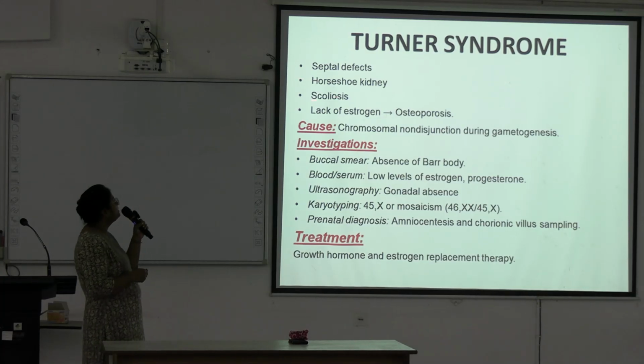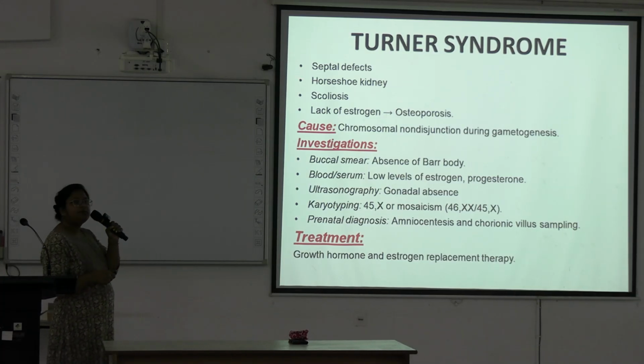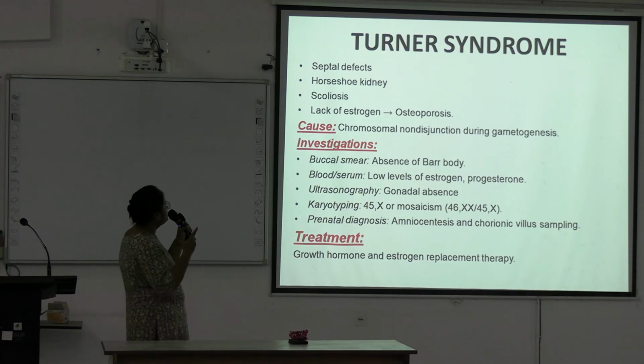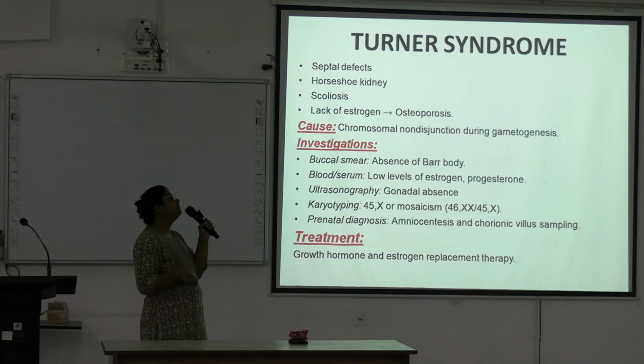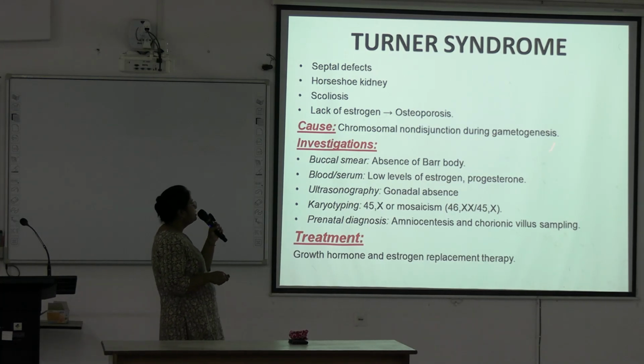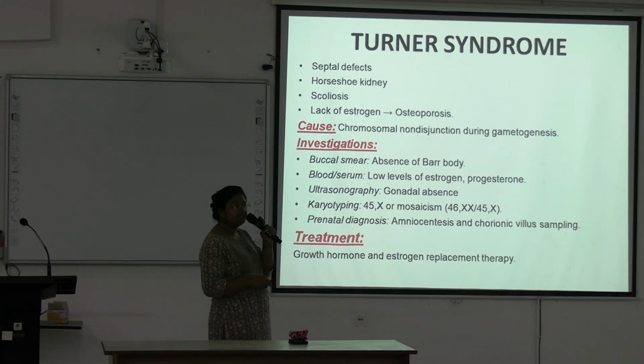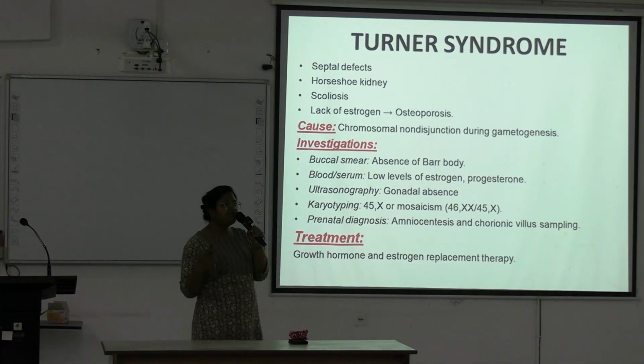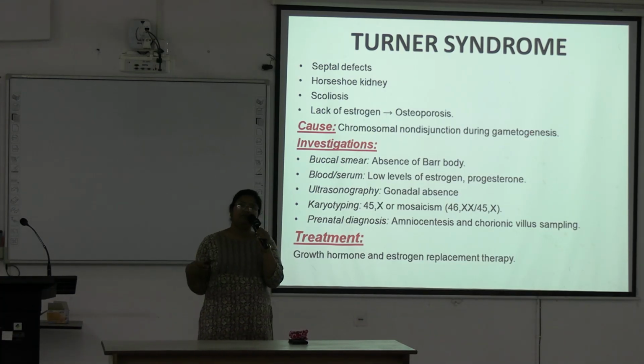A horseshoe-shaped kidney may be present. Scoliosis, which is a disease of the vertebral column. Due to lack of estrogen there will be osteoporosis, and the cause is chromosomal non-disjunction during gametogenesis. All these trisomies and monosomies are formed mainly due to non-disjunction.